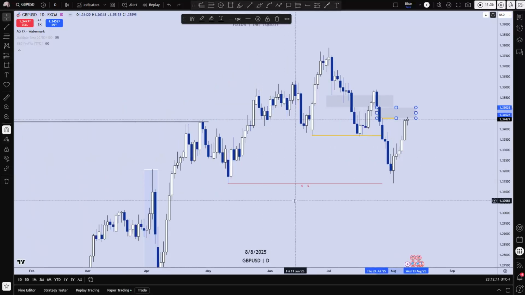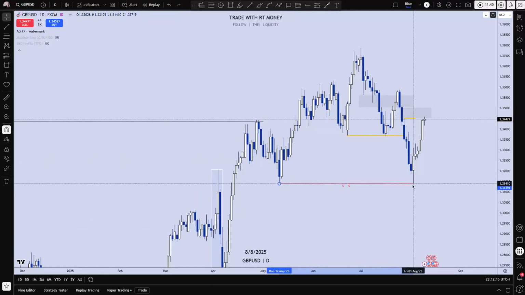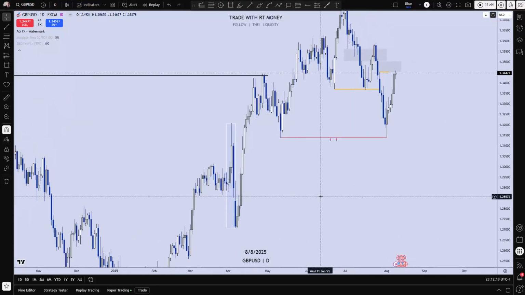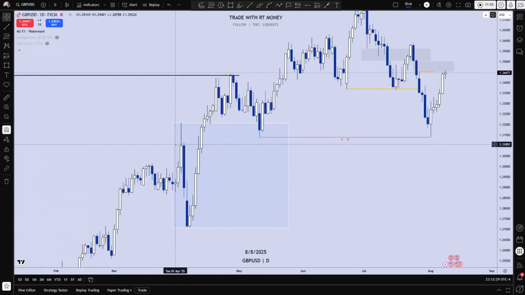Good. All right, and we have the draw on liquidity down at the bottom, the sell side liquidity here of those relative equal lows, and here we'll find the sell to buy wicks. This is that area of demand that has formed. It is an order block, folks.